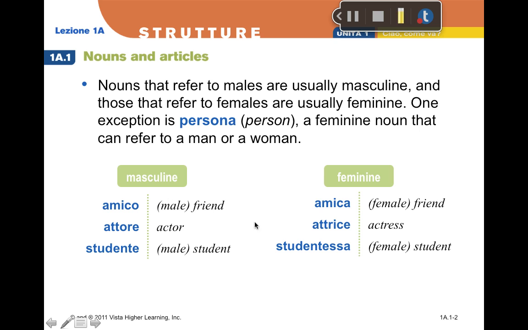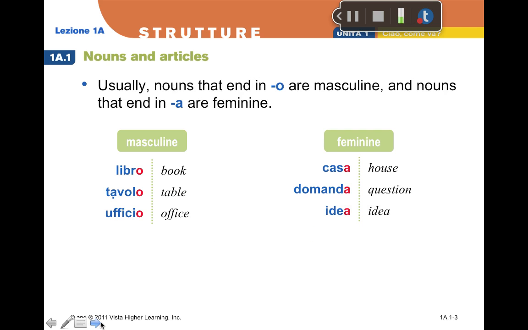Okay? So you can start seeing from this slide what the difference is between a masculine and a feminine word. What do you think? What comes up right away? The answer is obviously the ending of the word. The ending of the word tells me whether the word is masculine or feminine.